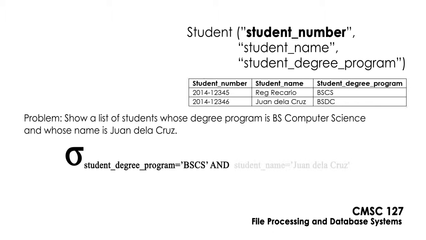So we include the attribute student name equal to Juan de la Cruz. So that would be student degree program equal to BS Computer Science and student name equal to Juan de la Cruz. And then, of course, we have to include the name of the relation, which is student.